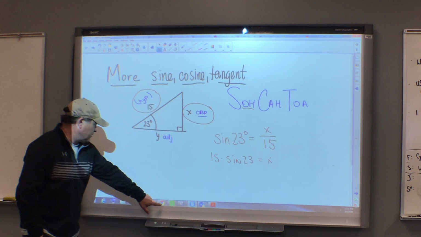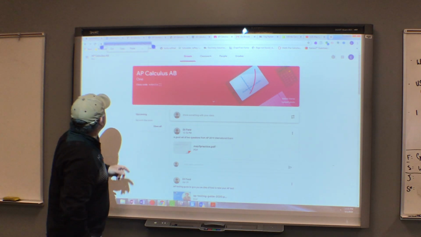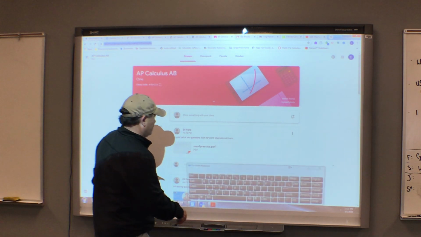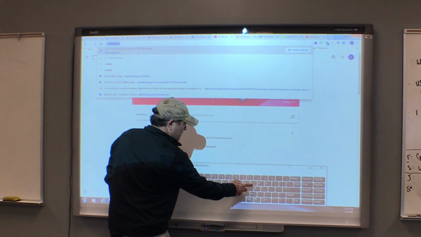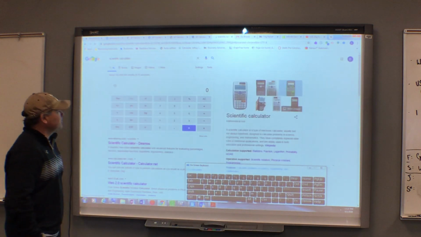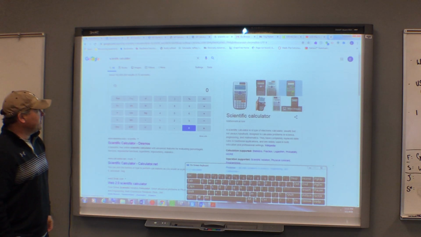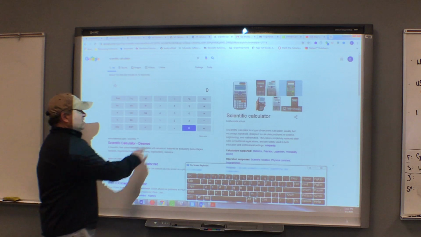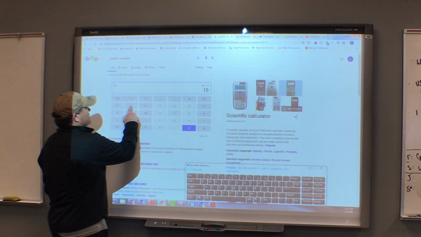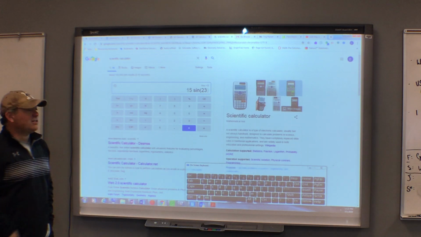So let's see here, I'm just going to Google scientific calculator. There's one right here that we can work with, and I can simply type in 15 sine of 23 degrees.